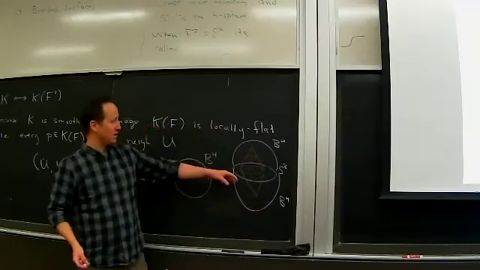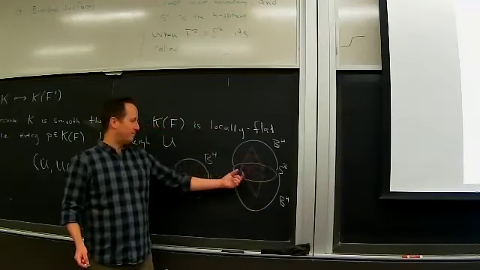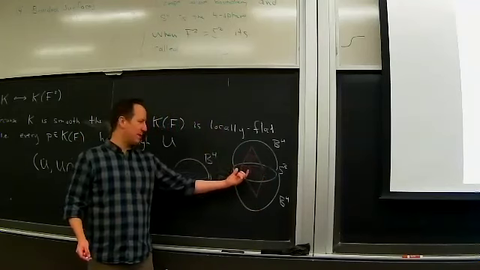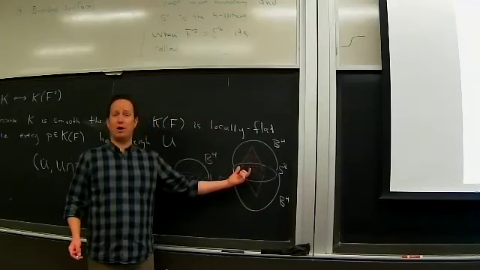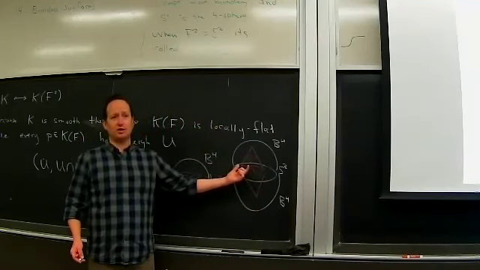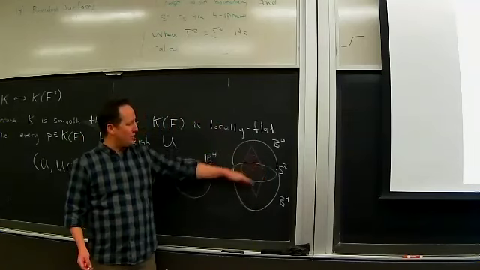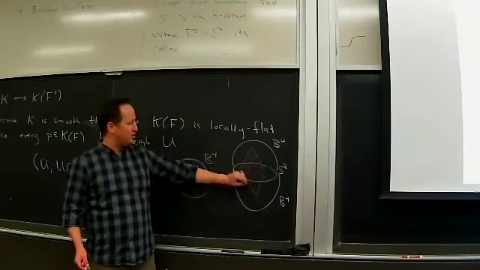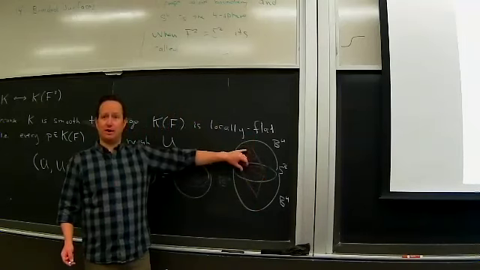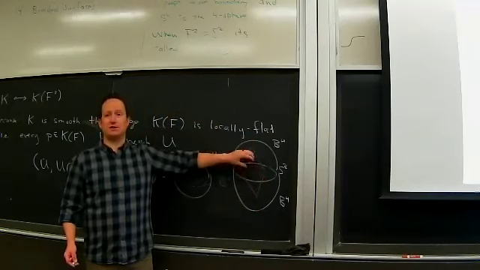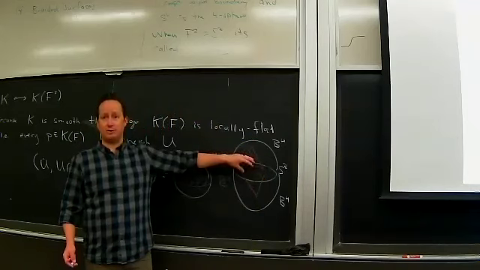The suspension of S1 is going to give me something that's topologically equivalent to S2, right? So when I do this coning construction, or this suspension, I'm going to get a 2-sphere embedded inside the 4-sphere.